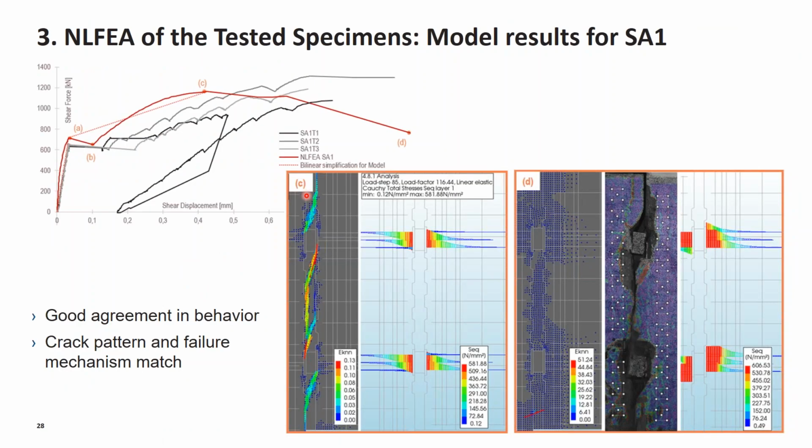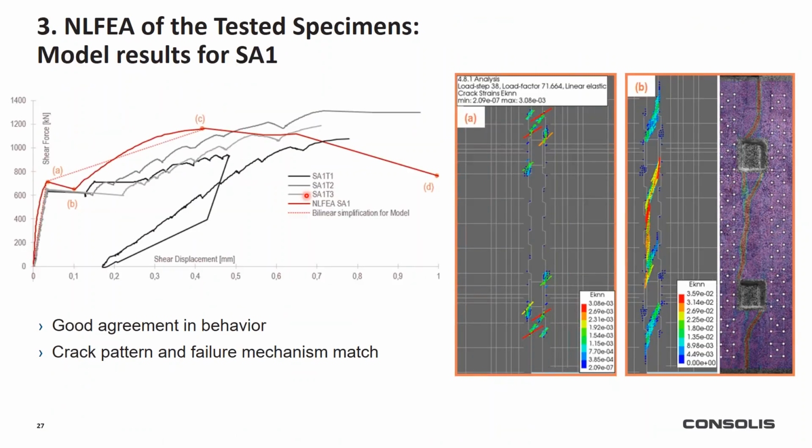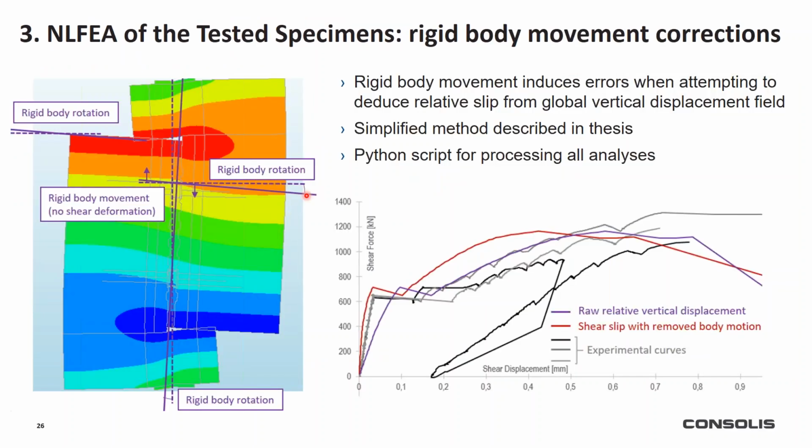I outputted the nodal displacement results from Diana to a comma separated variable file, and then I imported that file into Python and did the operation necessary to remove this rigid body rotation that was caused by the corbel deformation.